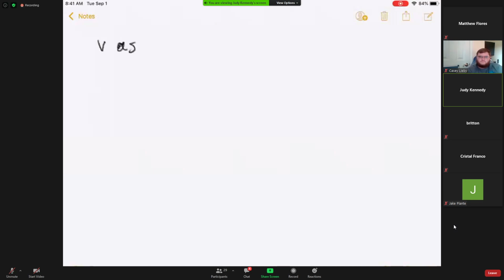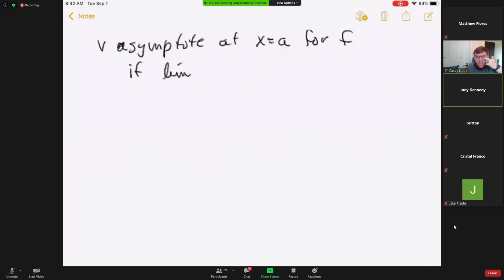Vertical asymptote at x equal to a for f, if one of two things happens. F has to be defined close to a, but the limit as x approaches a from the left of f of x is plus infinity or minus infinity.